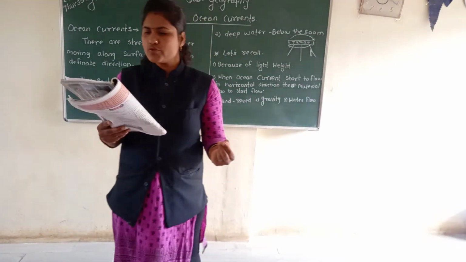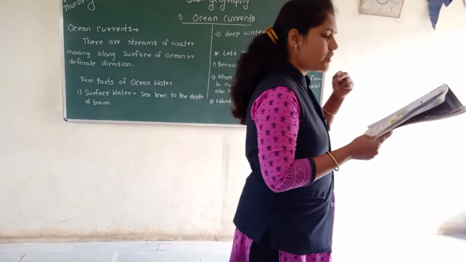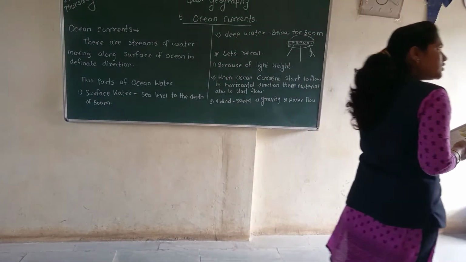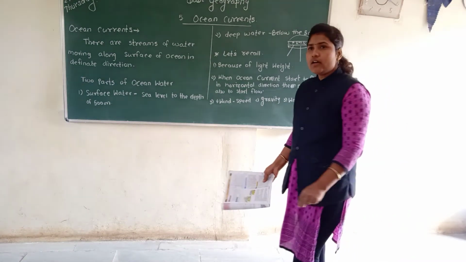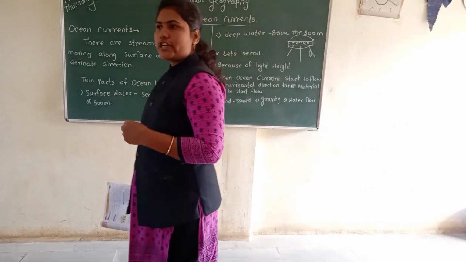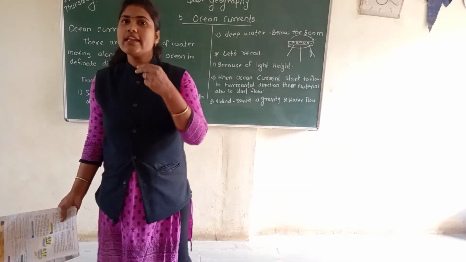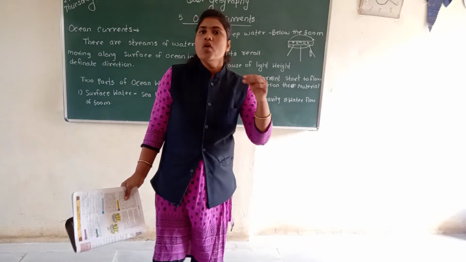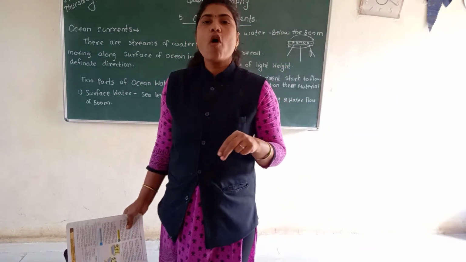Why does that happen, students? When the temperature increases because of the sun, the density of the water decreases. Because of the decrease in the density of the water, it started to move into the air in the form of steam.